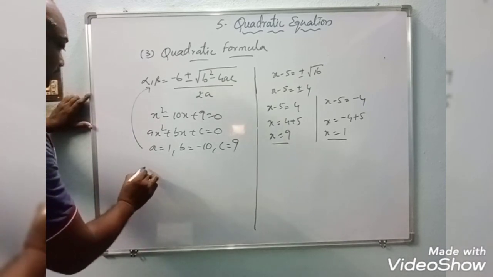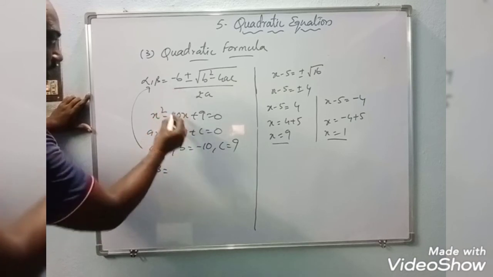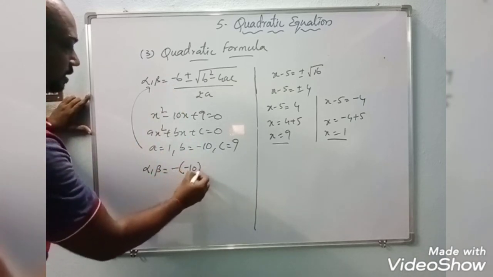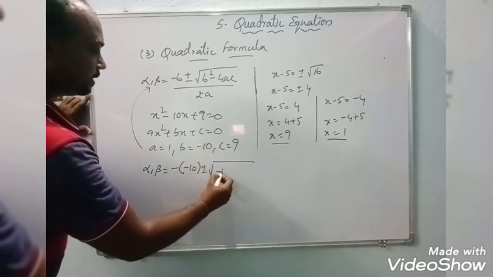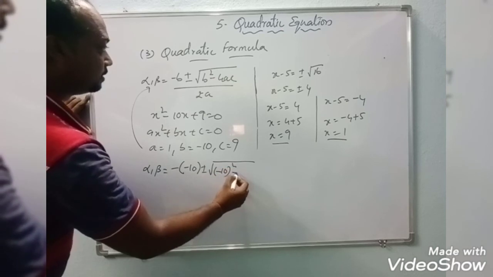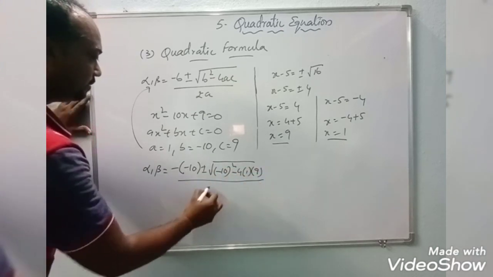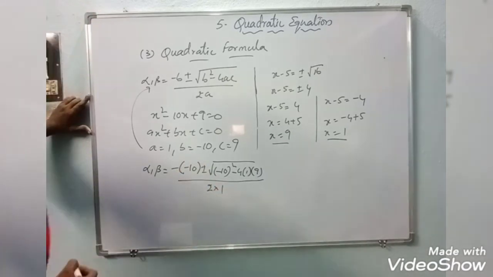Alpha beta is equal to minus b, that is minus of minus 10, plus or minus square root of minus 10 whole square minus 4 into 1 into 9, divided by 2 into 1.